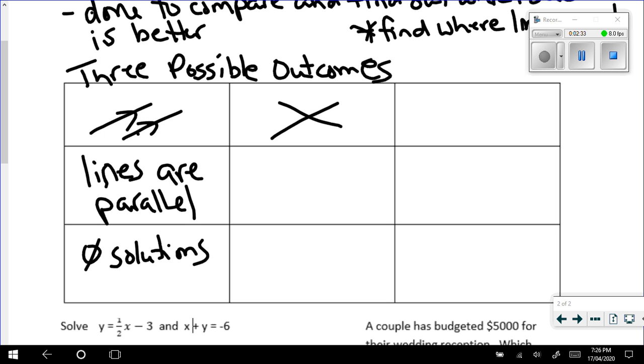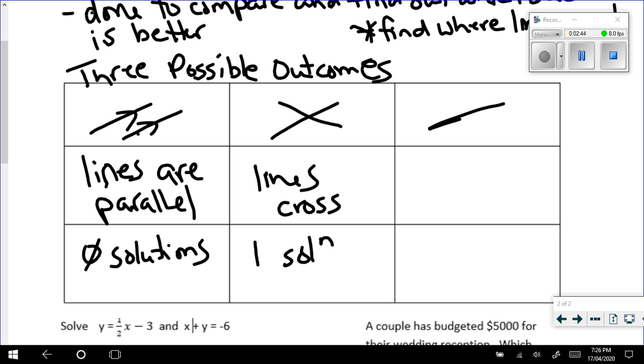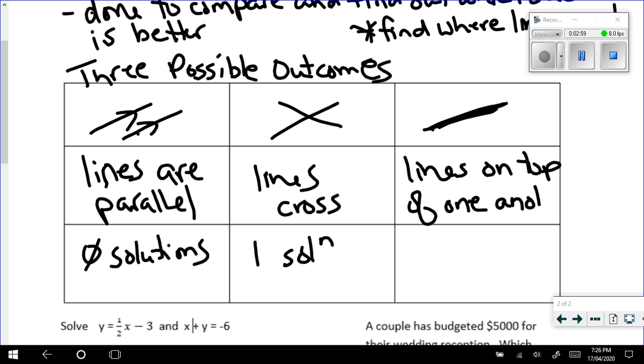Second one, lines cross. One solution. And the third one, and this is the hard one to visualize, the lines are on top of one another, in which case there's infinite solutions.